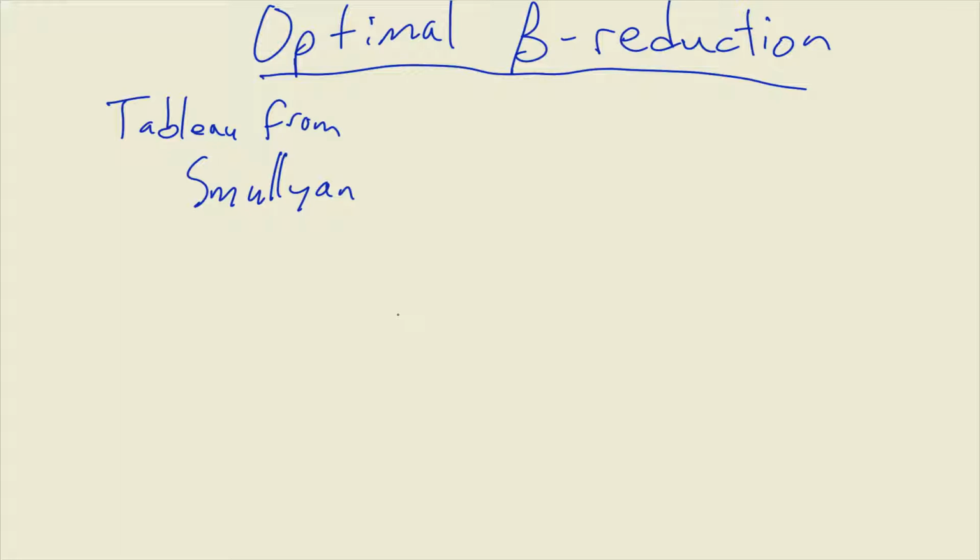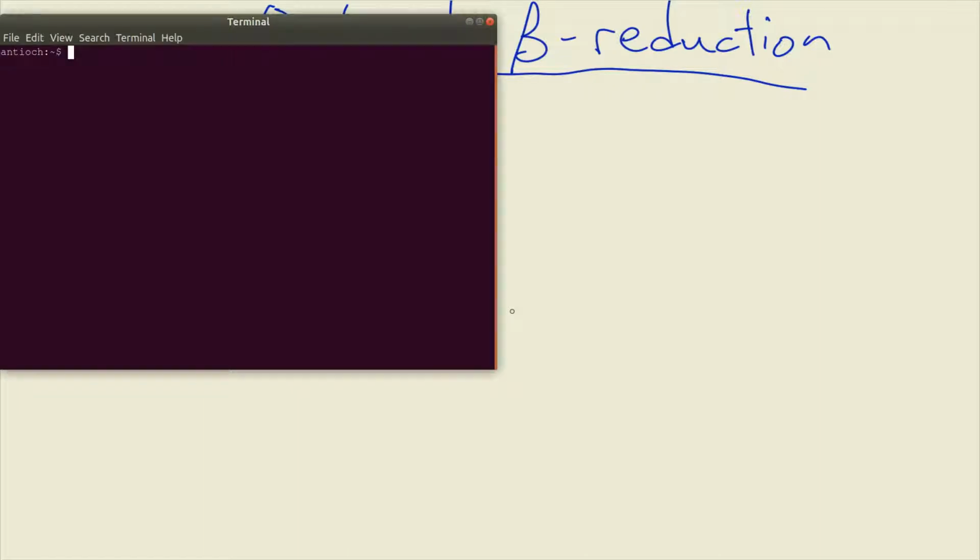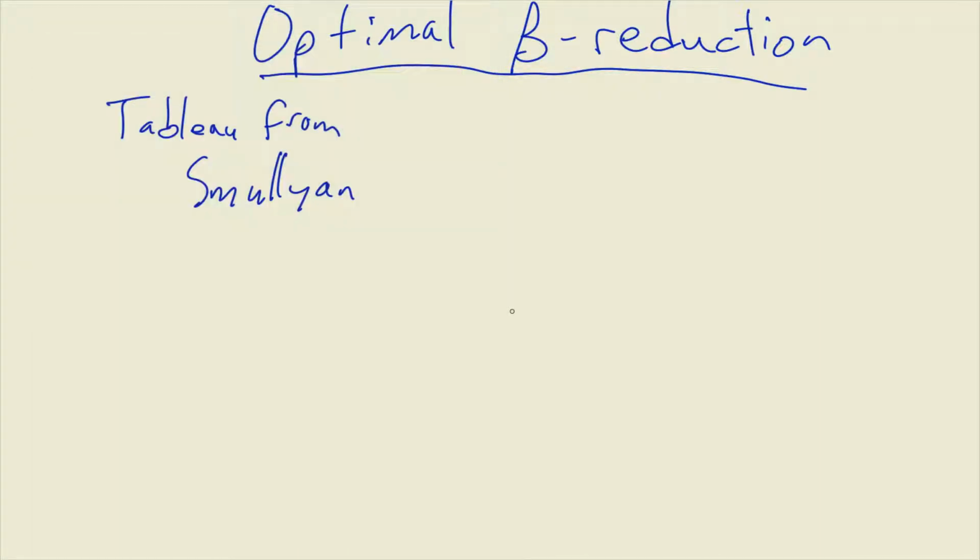is, so what is the connection with optimal beta reduction? Tableau are a particular kind of graphical format for proofs.